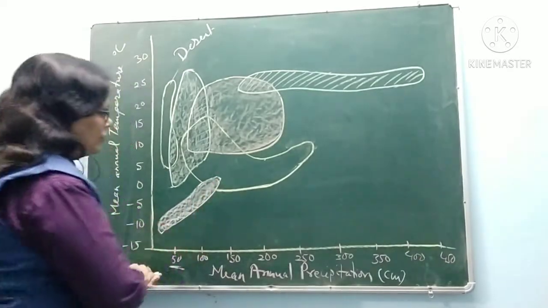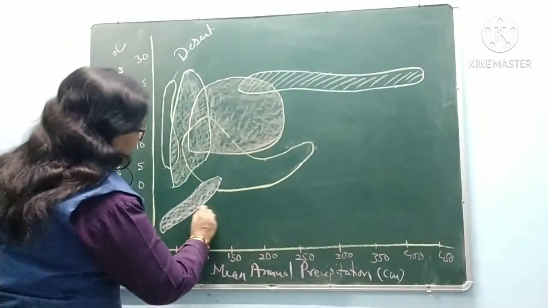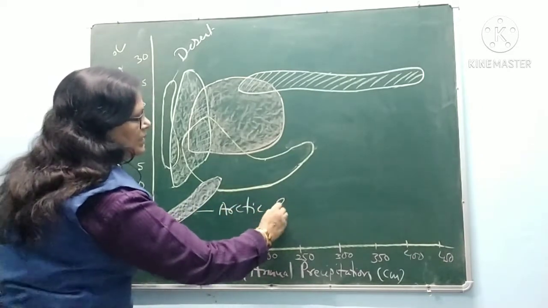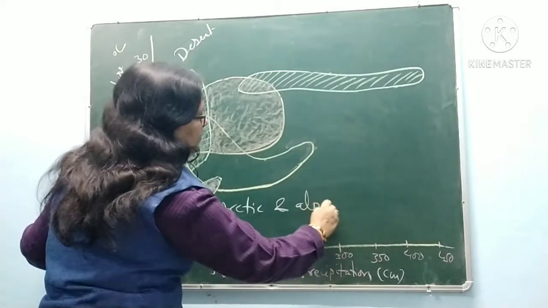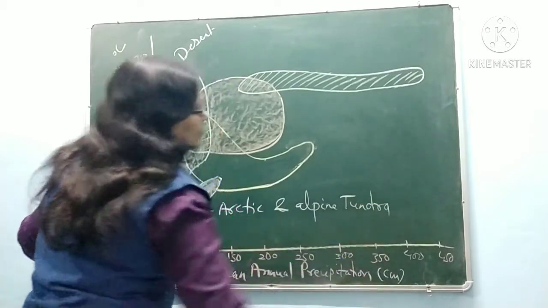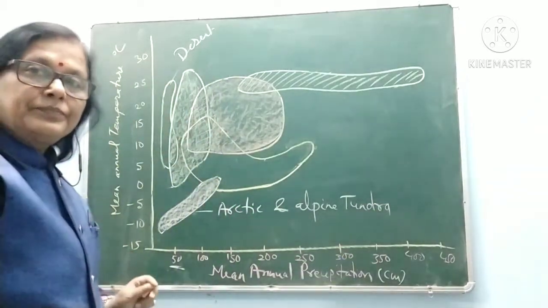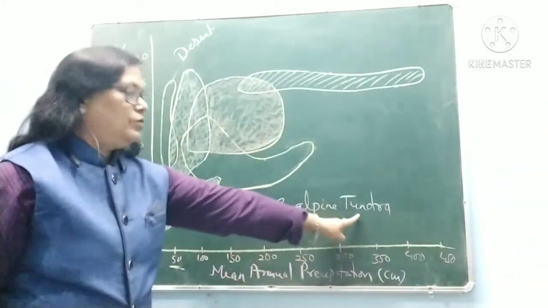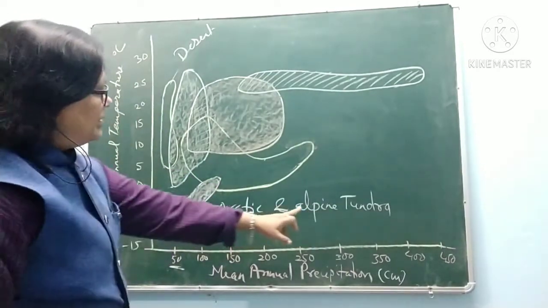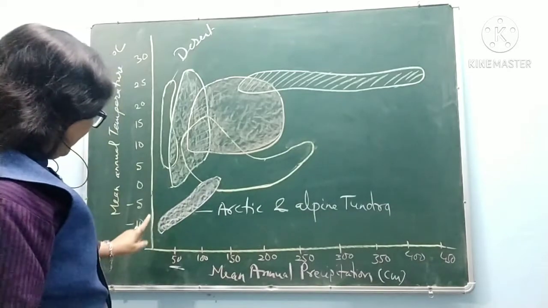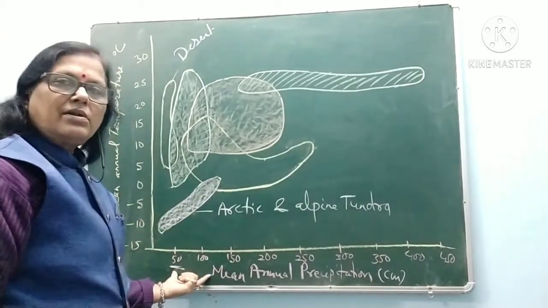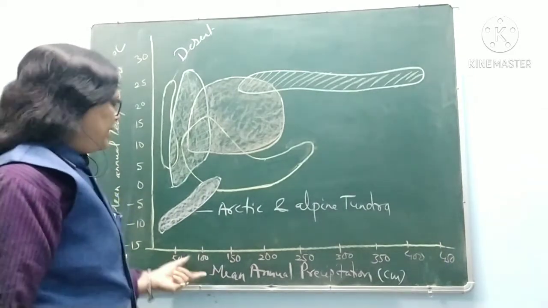This particular zone is Arctic and Alpine tundra. Tundra is snowland, you may call it. The Arctic and alpine tundra ranges from very low temperature, and rainfall is also up to 150.